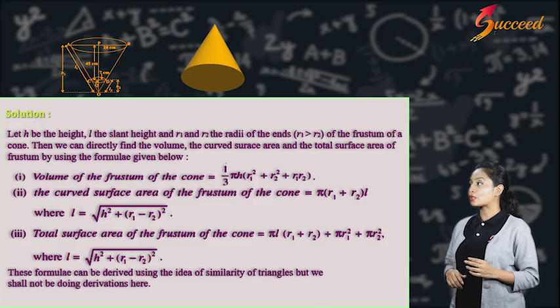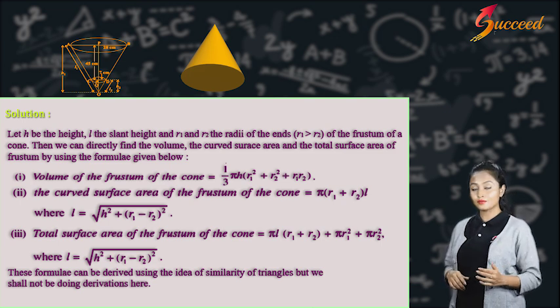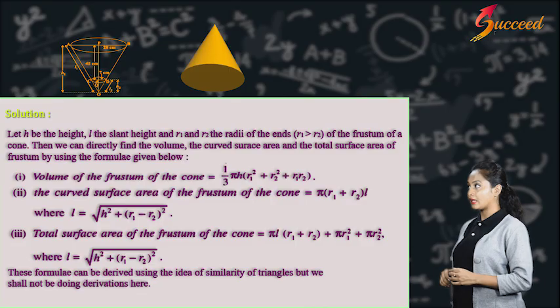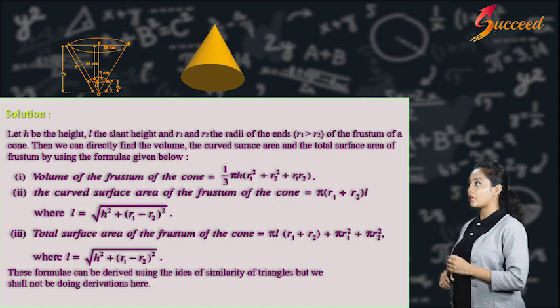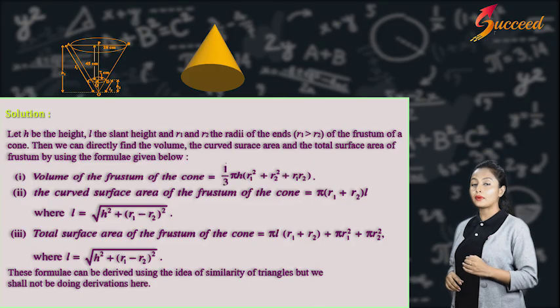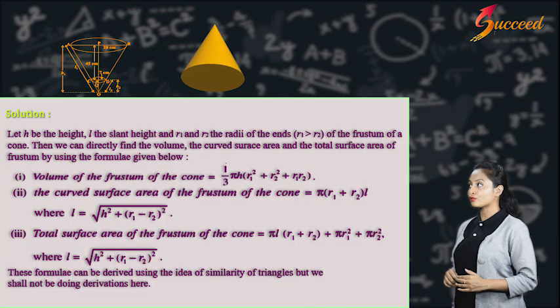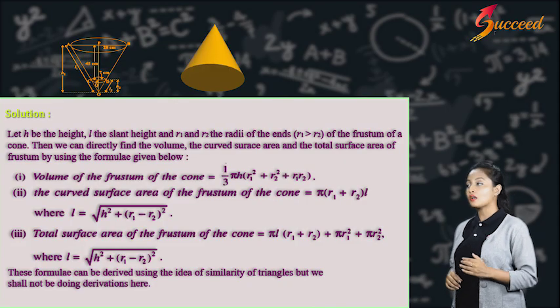Also, the total surface area of the frustum of a cone can be given by the formula pi into L into r1 plus r2 plus pi r1 square plus pi r2 square, where L can be written as square root of h square plus r1 minus r2 the whole square.